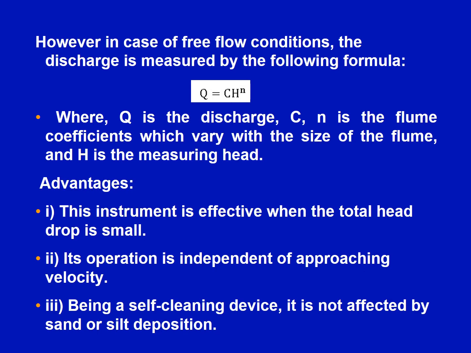And it is a self-cleaning device. That means if there is sand, silt deposition or such particles in the water, they do not accumulate in the structure, because the velocity is high, so it is a self-cleaning device.